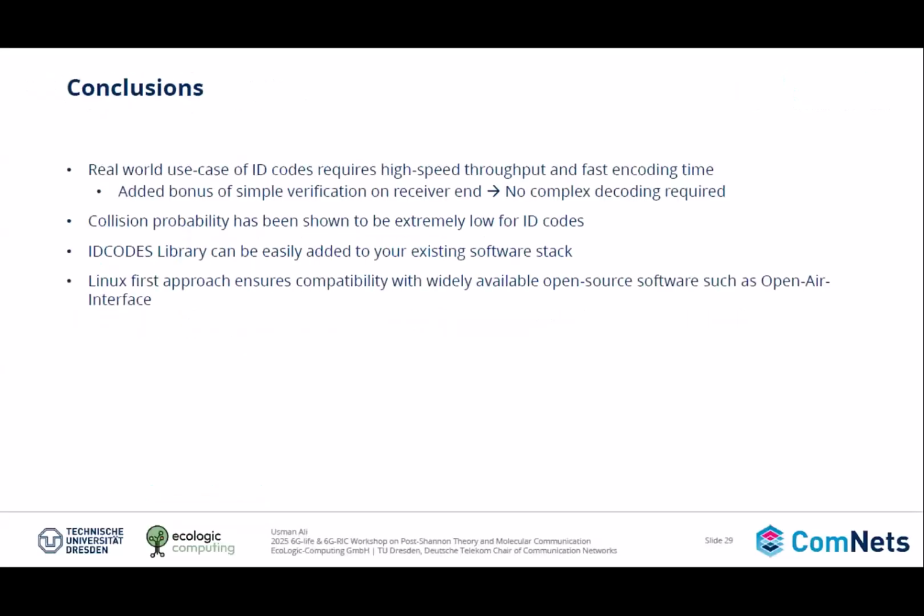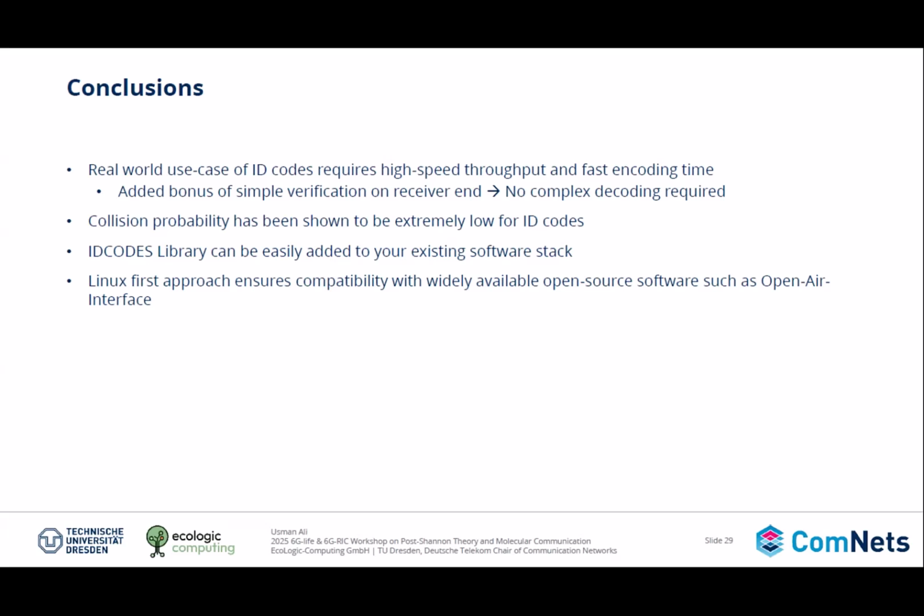And final remarks. So what we have is this library that we plan to share, and the idea now is we have achieved this fast speed and high throughput, and we can now simply use this library as part of deterministic ID codes without the need for a decoder, and make some applications out of it wherever these are used.